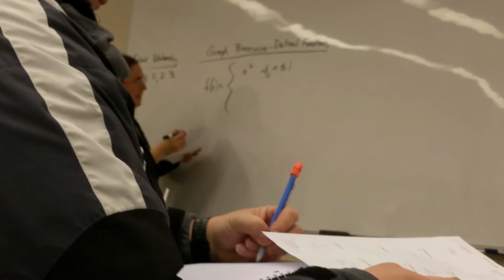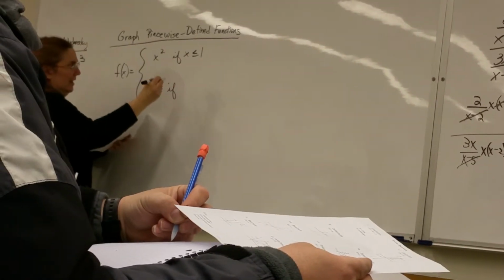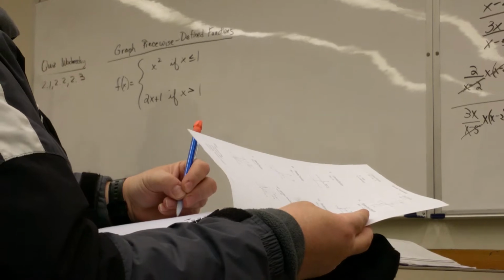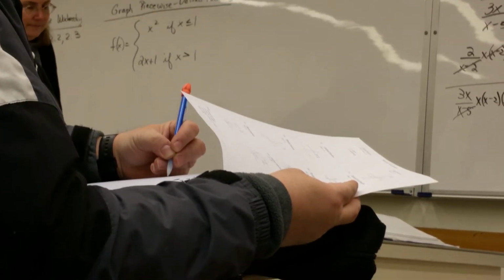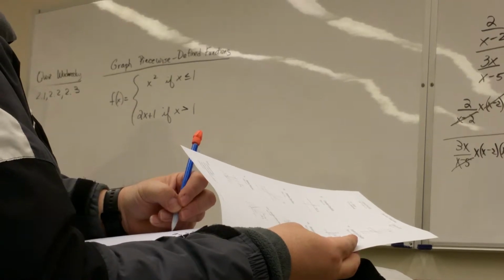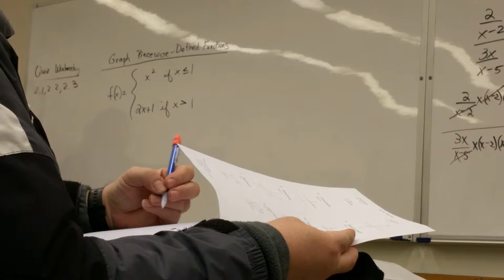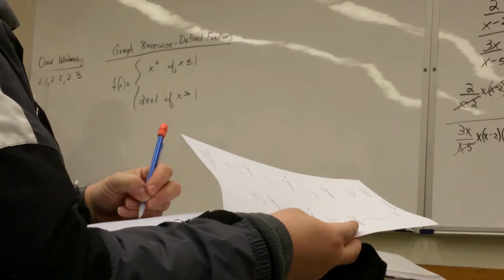If x is less than or equal to 1, or 2x plus 1 if x is greater than 1. At this point, all we really know are those 8 basic shapes that we talked about and how to graph lines.